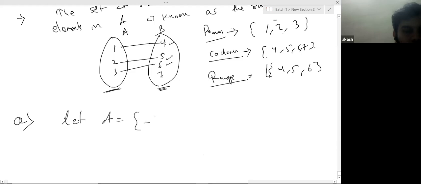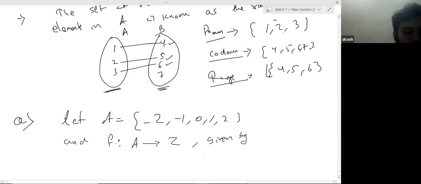Let A equal -2, -1, 0, 1, and 2, and f is from A to B, given by f of x equals x squared, where set B is 0, 1, 2, 3, 4, 5, 6.